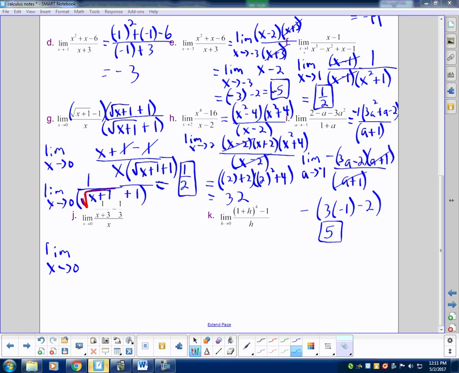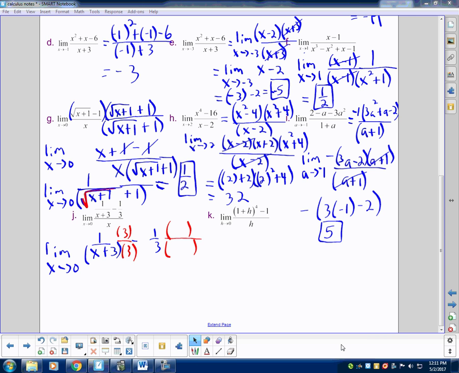So what do I need to multiply 1 over x plus 3 by? And what do I need to multiply 1 over 3 by? Minus sign in between.